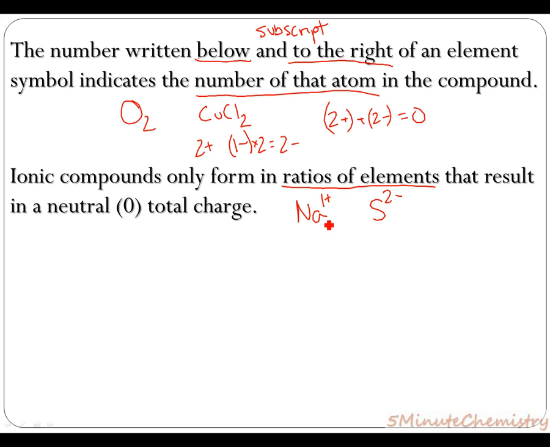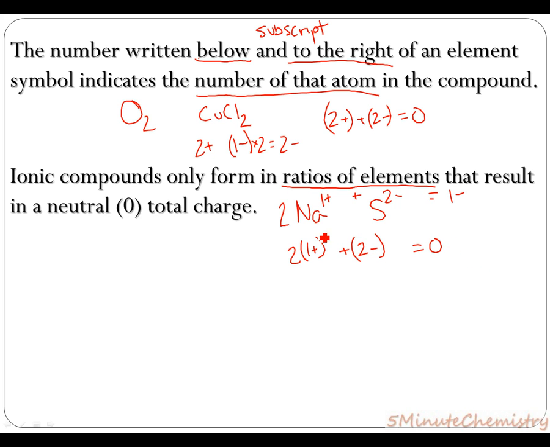Now when I compare these, I see that I've got 1+ with 2-. If I add the charges up, I'm left with a 1-, which indicates I need more sodium. In fact, if I just add another sodium, that makes it 1+ times 2 and 2-, 2+, 2- adds up to 0.